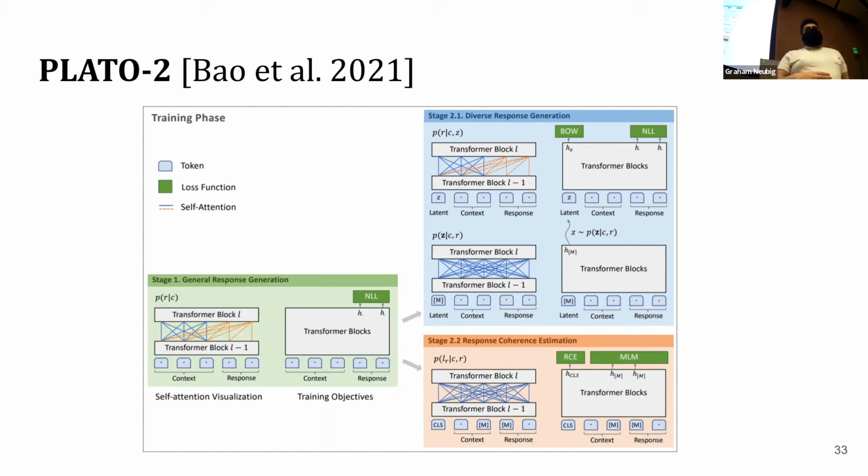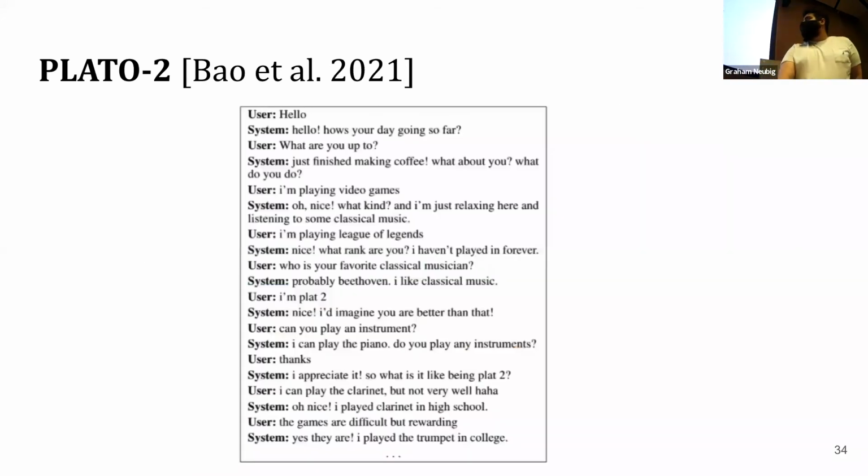They did a lot of post-processing and filtering, and I think they might have had something in there to reduce non-factual responses as well. But regardless of what they did, I think this interaction was really impressive. It's able to talk about very specific things in two different areas at the same time here.